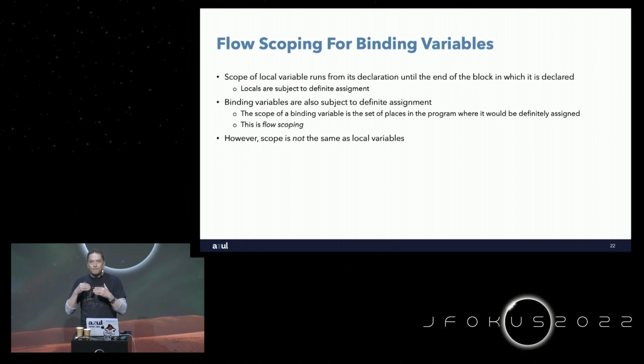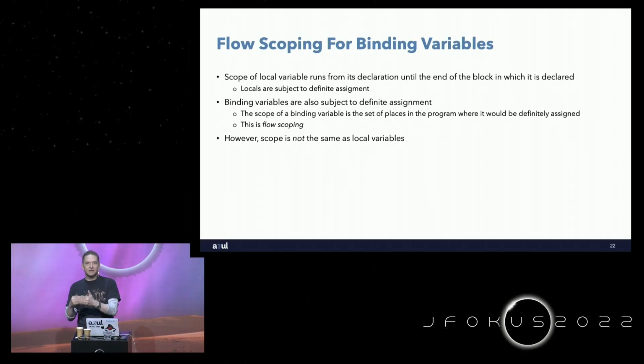From the point of view of the binding variables that we use with our pattern matching, they are also subject to definite assignment. A value has to be assigned to it in order for it to be used, which is very logical. But what that means is that the scope of the binding variable is, as I put here, the set of places in the program where it would be definitely assigned.